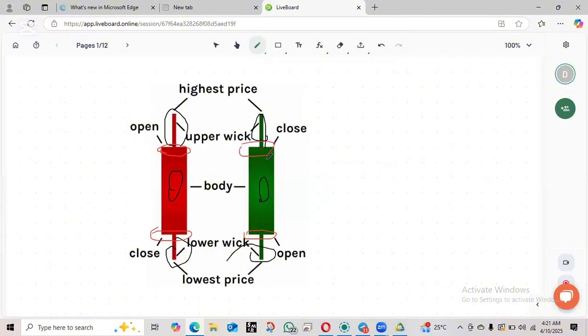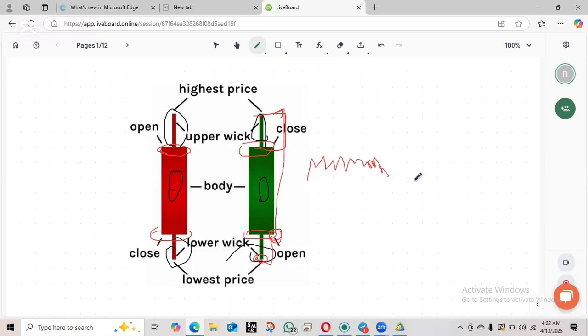So for the bullish candle, price opened right here, then dropped to this place. This is the low, the lowest point it drops to. Then it continued pushing up, went to this highest point, and then dropped back to this point. That's how it happens.